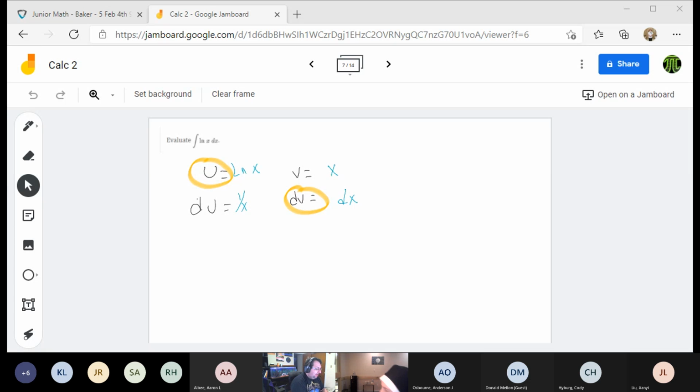So now we can go back and plug in based on the rule. So remember, the rule was the integral of u dv, oh, sorry, is uv. Sorry, my u's are looking like these, minus the integral of v du.